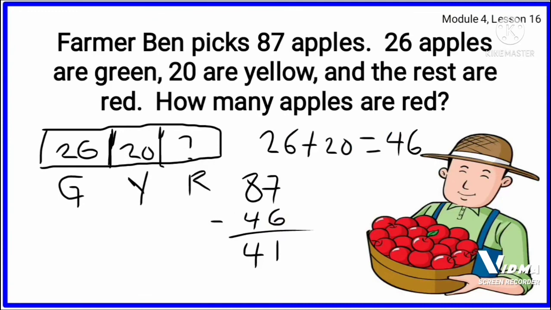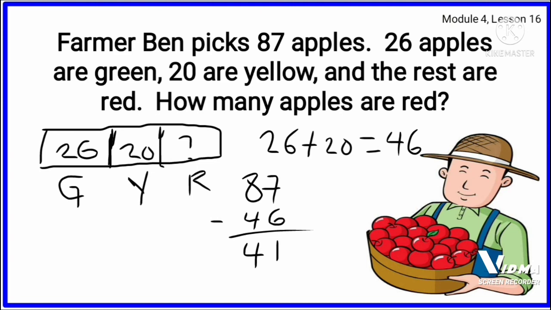Here's another one. Farmer Ben picks 87 apples. 26 apples are green, 20 are yellow, and the rest are red. How many apples are red? Okay, so the farmer picked 87 apples in all. We know that the green apples are 26.